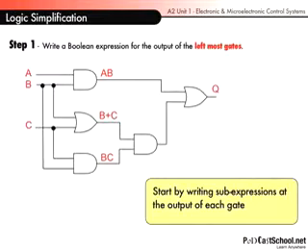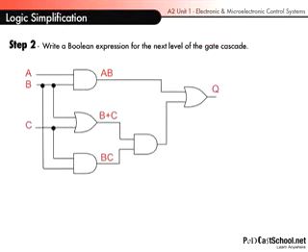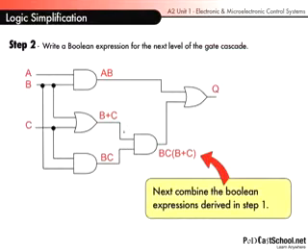Step 2 then is to write a sub-expression at the output of the next set of gates. In this case we only have one, and that's that AND gate. So therefore it's BC times (B or C), or BC and (B + C). That's just the combination of the stage before.